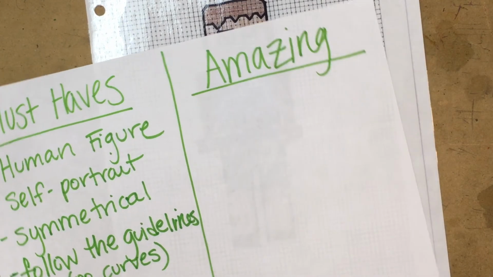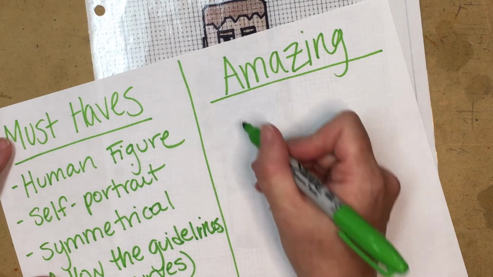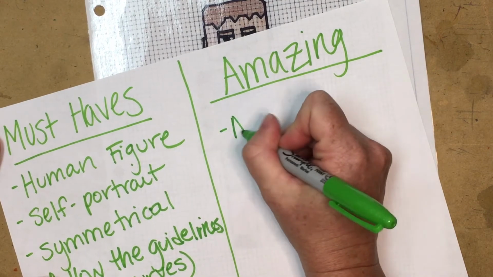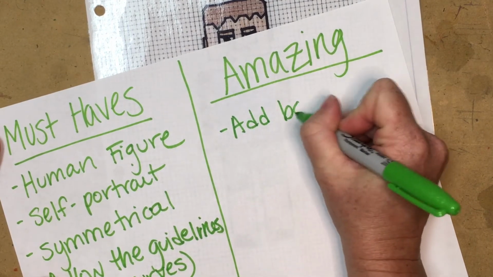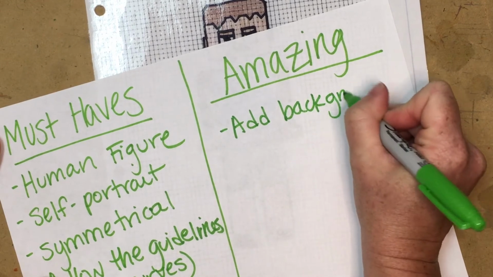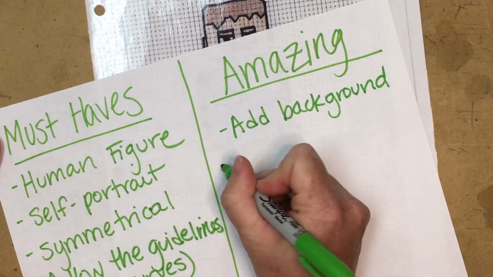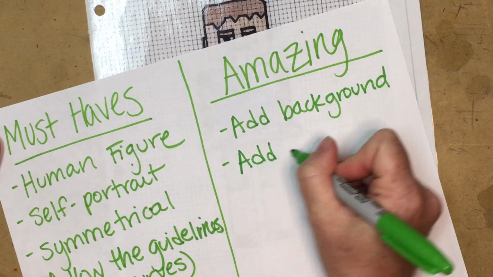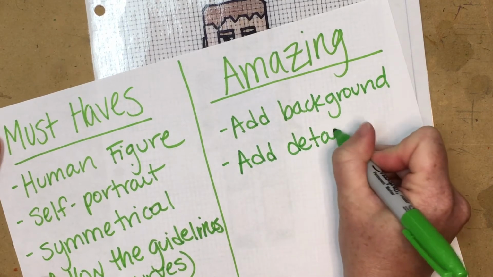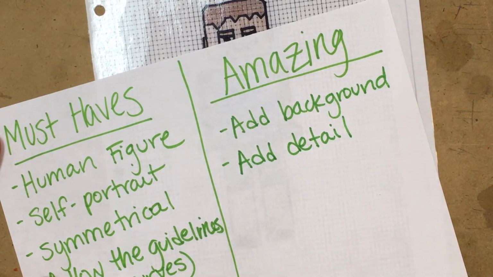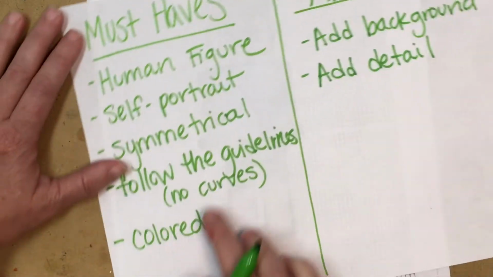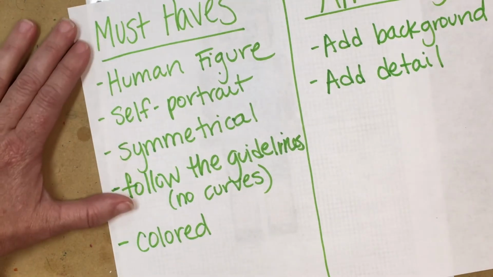If you want to make it amazing, then you're going to add a background. Add detail. All of your detail must still be following the grid.